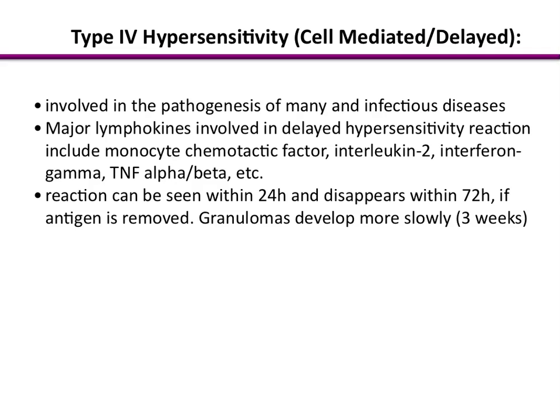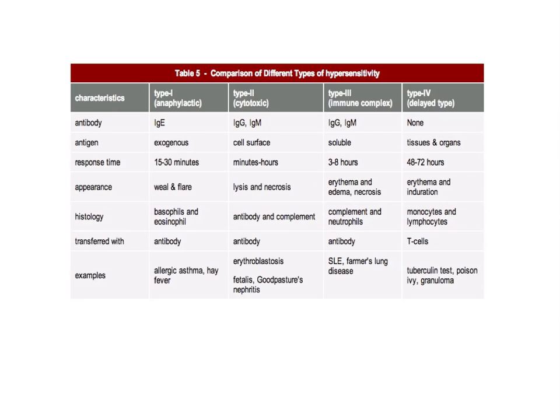Reaction typically can be seen within 24 hours, so that's quite slow already. And if you get rid of the antigen, it disappears within a couple of days. The granulomas develop more slowly, in weeks or so, and do not disappear easily unless you get rid of the cause.